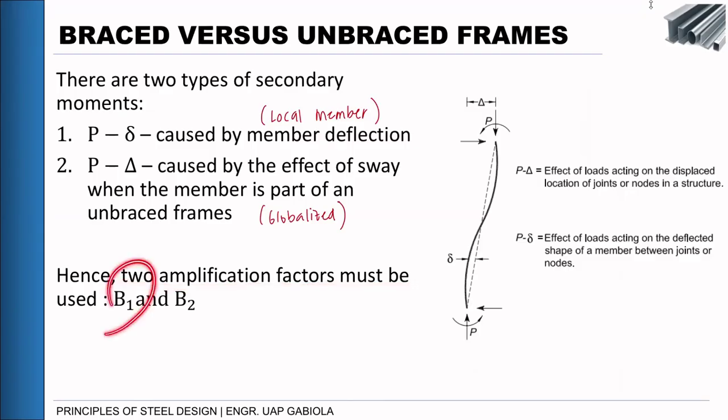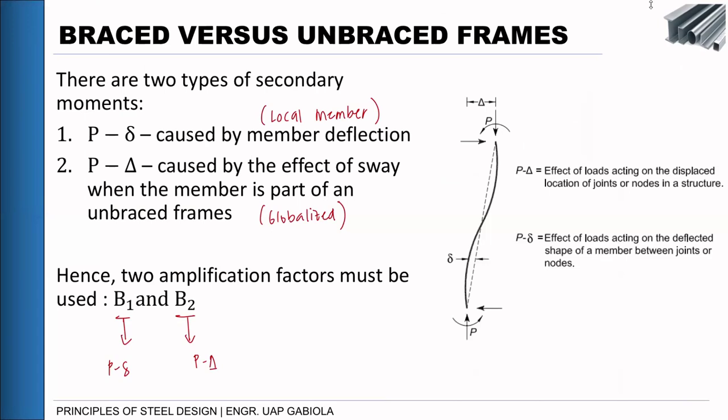We have B1 and B2, where B1 is for our P small delta, and B2 is for our P big delta. So if these two secondary moments are present, we need to get the values of B1 and B2. And what did we say earlier?